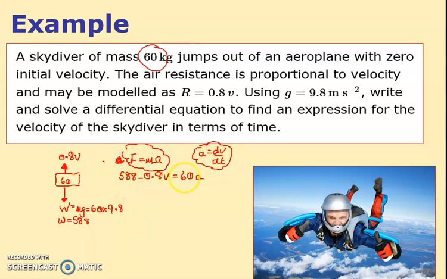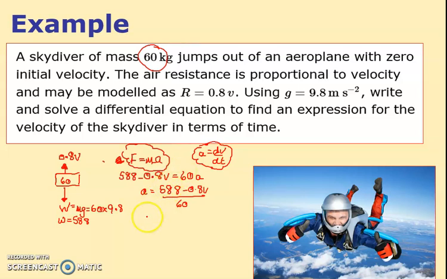So, I could move the 60 over, I suppose. a equals 588 minus 0.8v over the 60. I could tidy that up a bit as well. Let's do 588 divided by 60, and it's just 9.8.